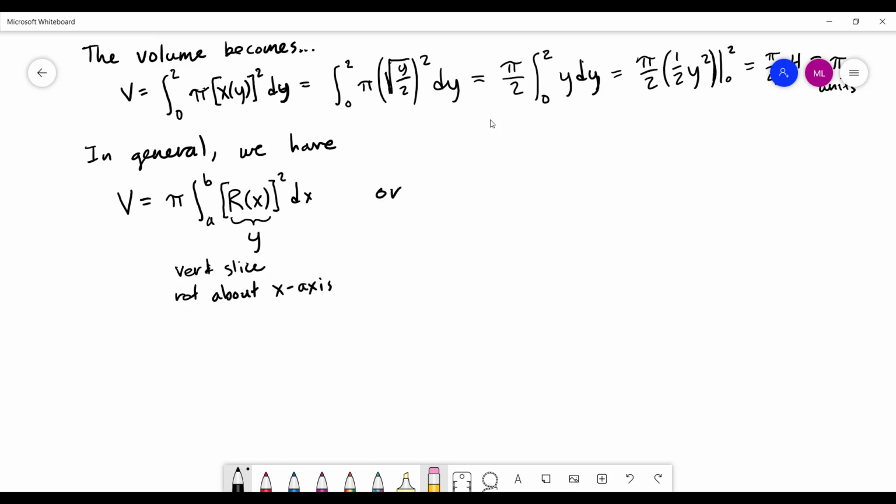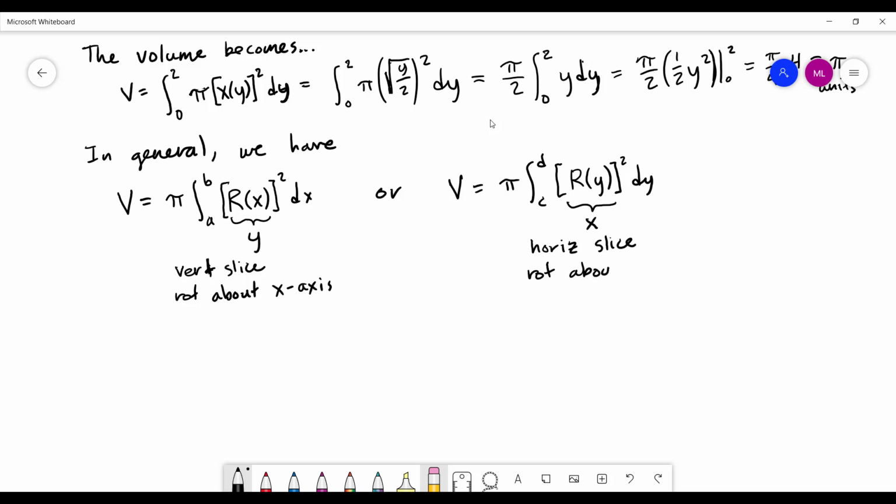Or similarly, we'll have that the volume could also be pi times the integral, and I'll just use two different letters, integral from c to d, of a radius that's a function of y squared dy, where this is just x, basically. It's what is the x distance from the y-axis, and this is it when we're using our horizontal slice for our shape, and that's typically done when we're rotating about the y-axis.